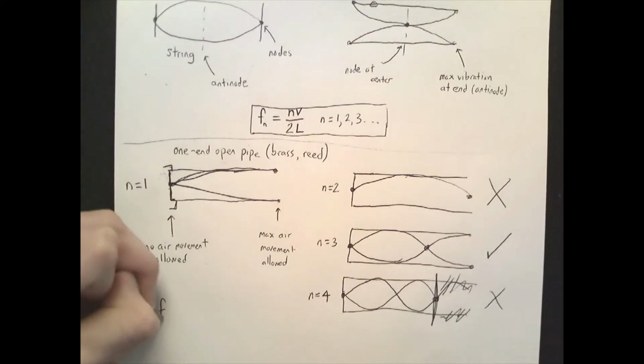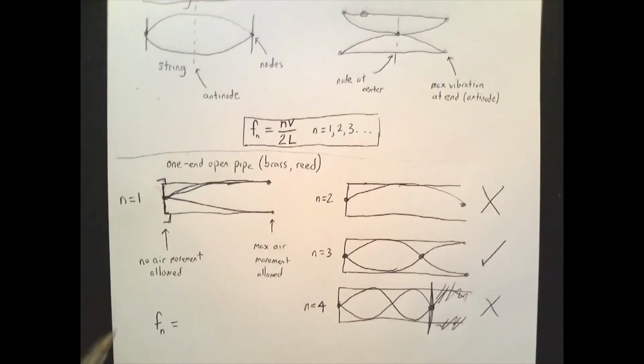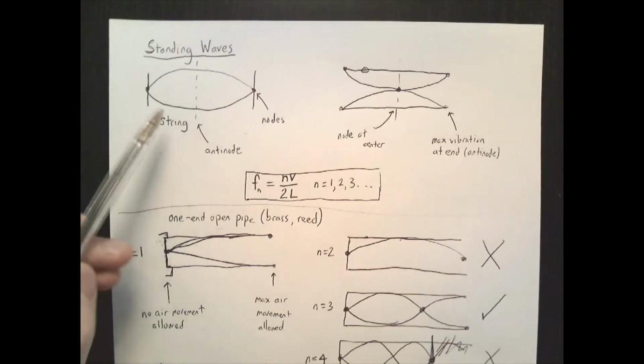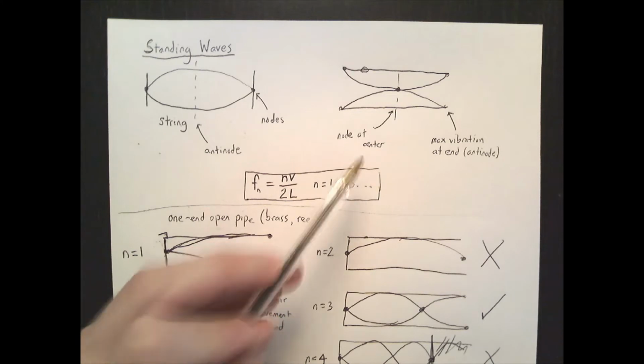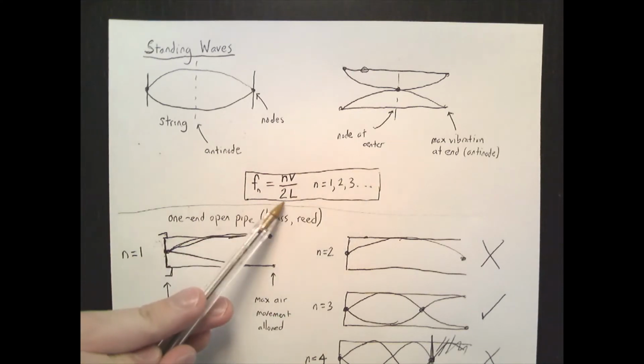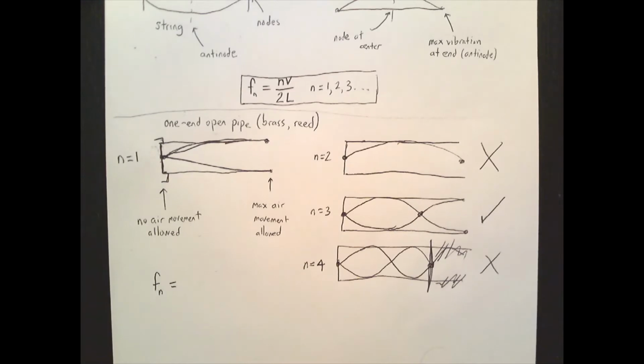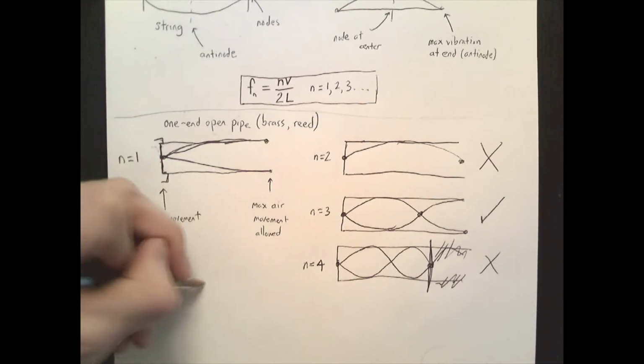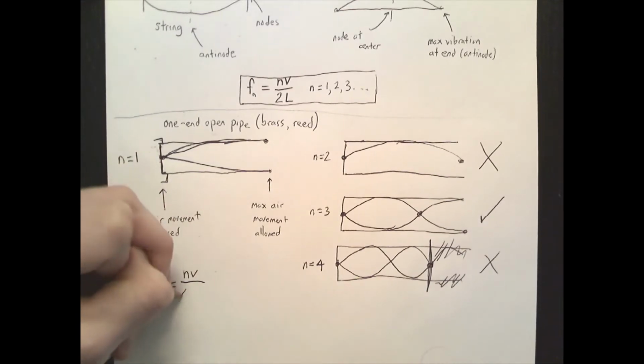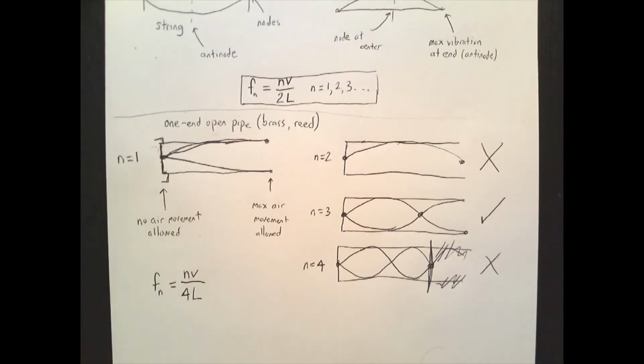Just as the special frequencies for a string or a two-end open pipe depend on the half wavelength, we have a 2 down here. Our equation for a one-end open pipe depends on a quarter wavelength, and we're going to get just a 4 down there. So that is our formula for a one-end open pipe.